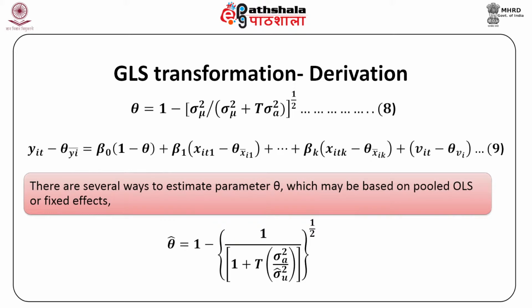There are several ways to estimate parameter theta, which may be based on pooled OLS, ordinary least squares, or fixed effects. For example, generally theta hat takes the form theta hat is equal to 1 minus the square root of 1 upon 1 plus T times sigma hat square a divided by sigma hat square u, where sigma hat square a is a consistent estimator of sigma square a and sigma hat square u is a consistent estimator of sigma square u.